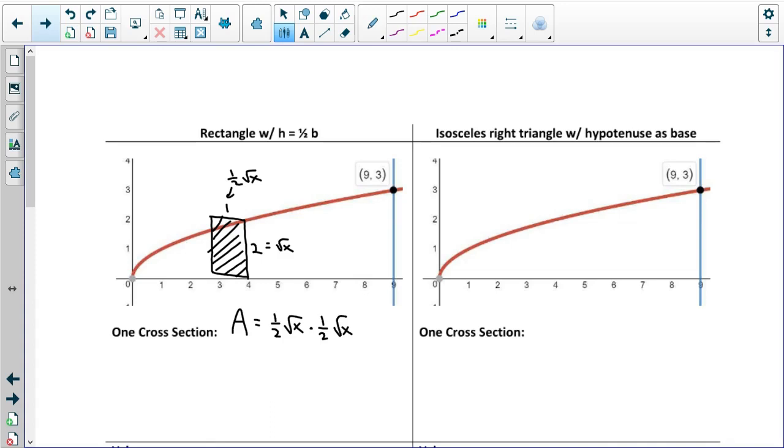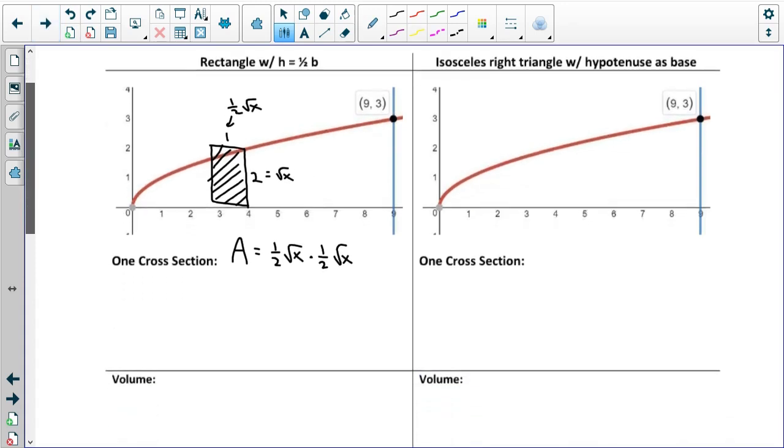I don't know why I put the 1/2 at the beginning. Sorry about that. Remember that area is base times height, so I don't know why I put the 1/2 there. So base is root x, height is 1/2 root x, so this ends up being 1/2 times x.